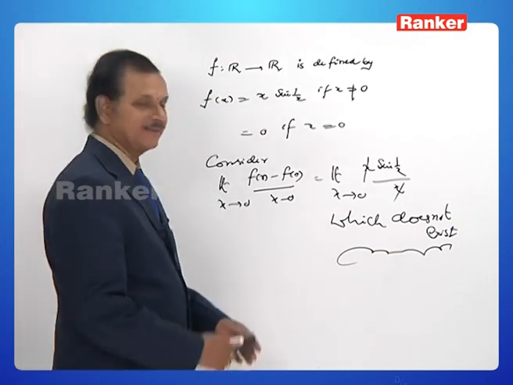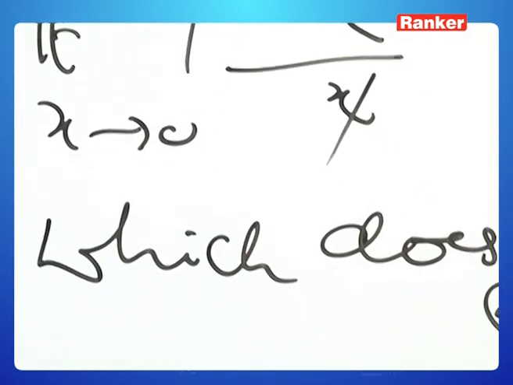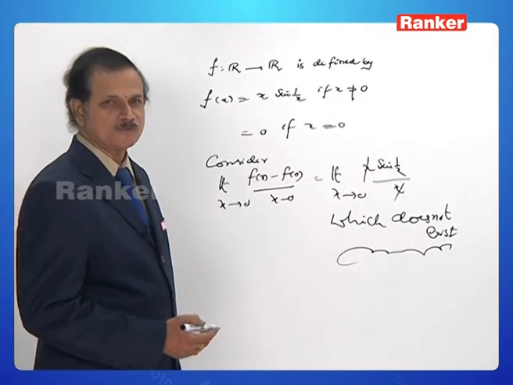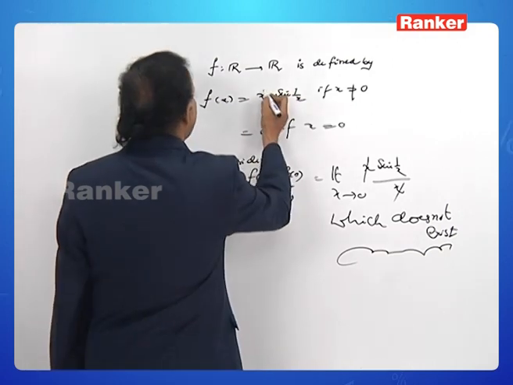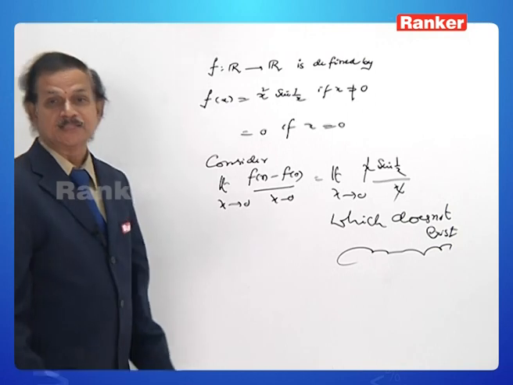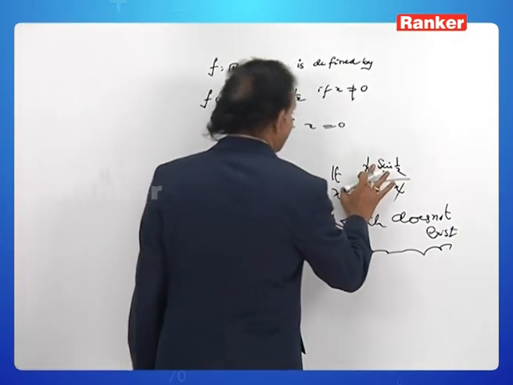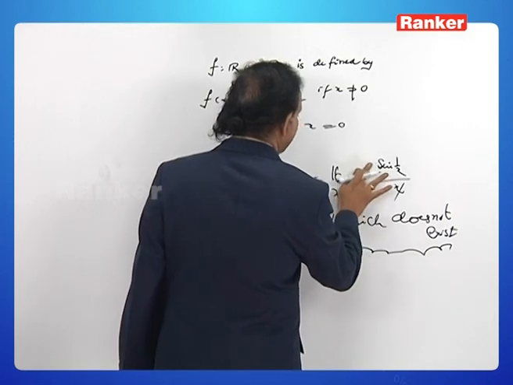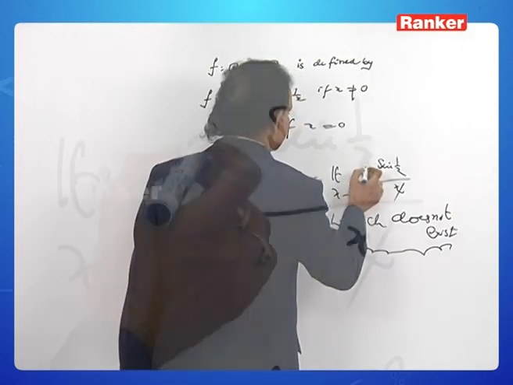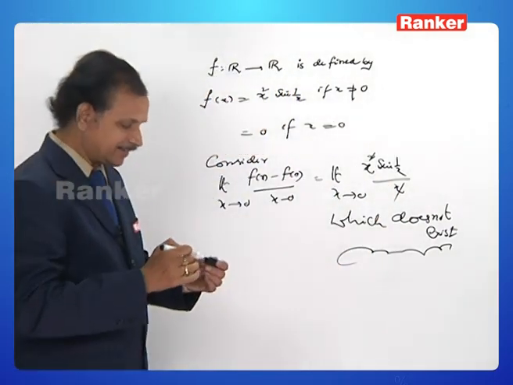What are they? A small change I would like to make to this problem. You observe it. If I write x square sine 1 by x, then what happens? This is x square sine 1 by x. One x is only cancelled.